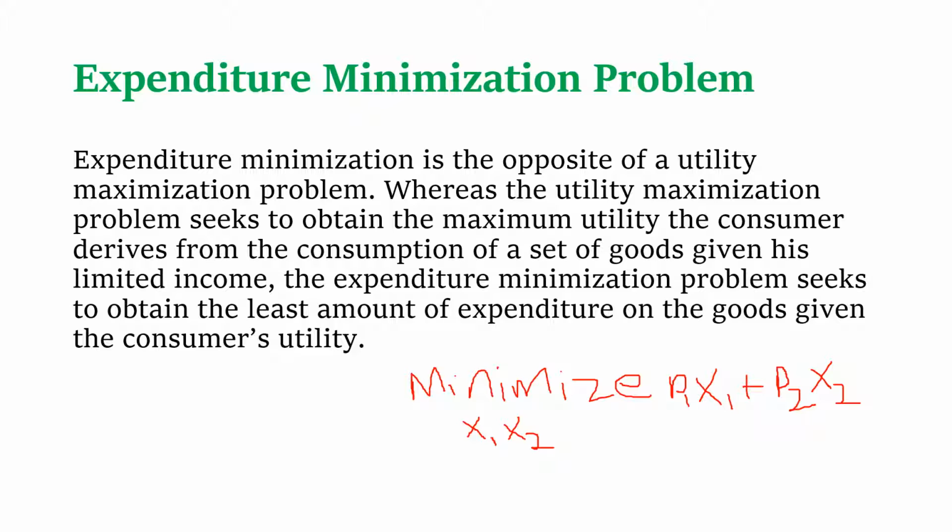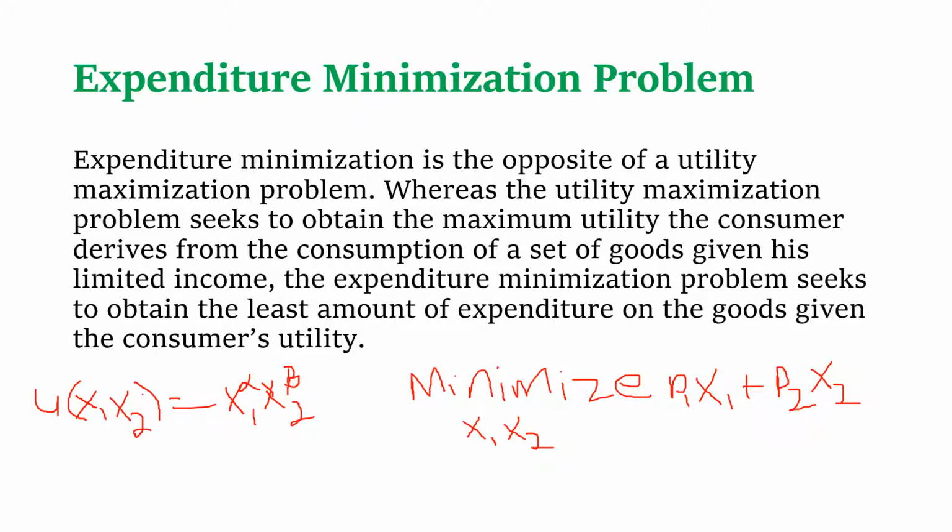So, for example, for a utility maximization problem, let's say the utility on the two goods, x1, x2, is equal to x1 to the alpha and then x2 to the beta.